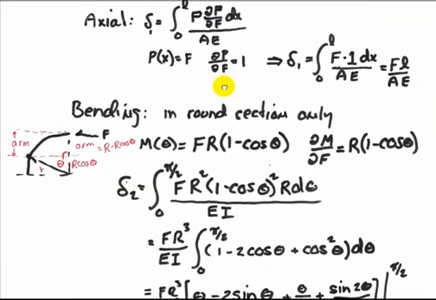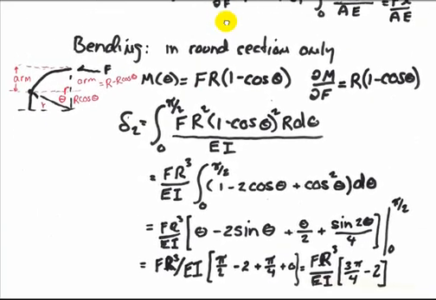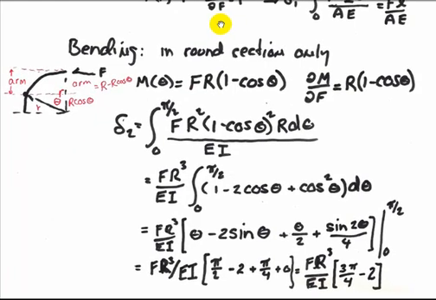Now we're going to turn to the second piece, and that's bending in the round section. In this round section, we need to write the bending moment everywhere that's caused by the load F that was applied out there at the end of the straight section, but nothing changes with the moment. If I move the straight section force to right here, I still get the same moment.